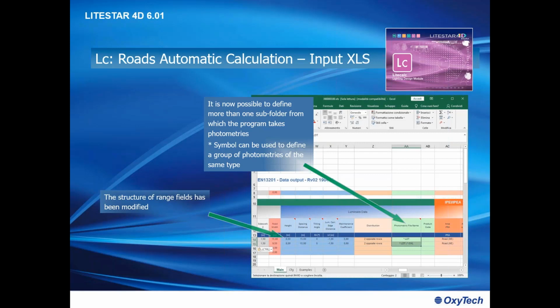It is also possible to use the asterisk now, which means that if you have different types of photometries in a single folder, you can define an asterisk, for example, *.ldt, which means that the program will use only the LDT files included in the defined folder.